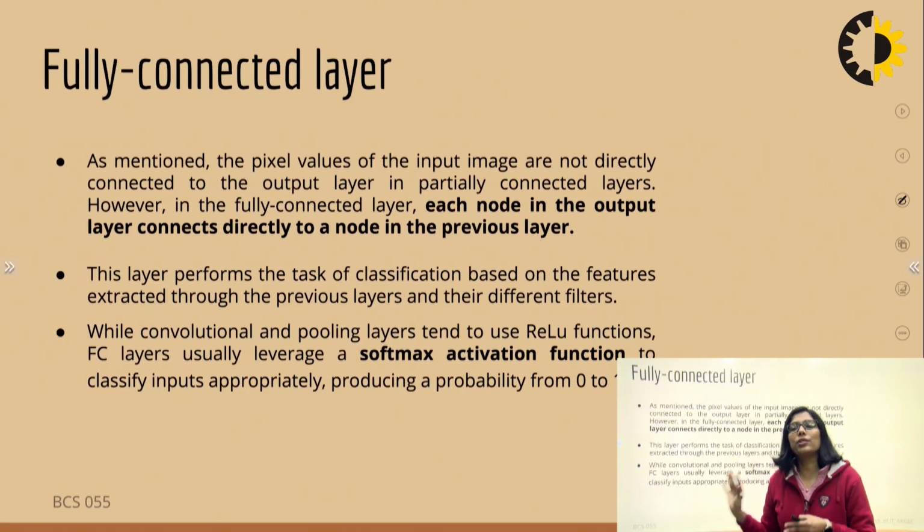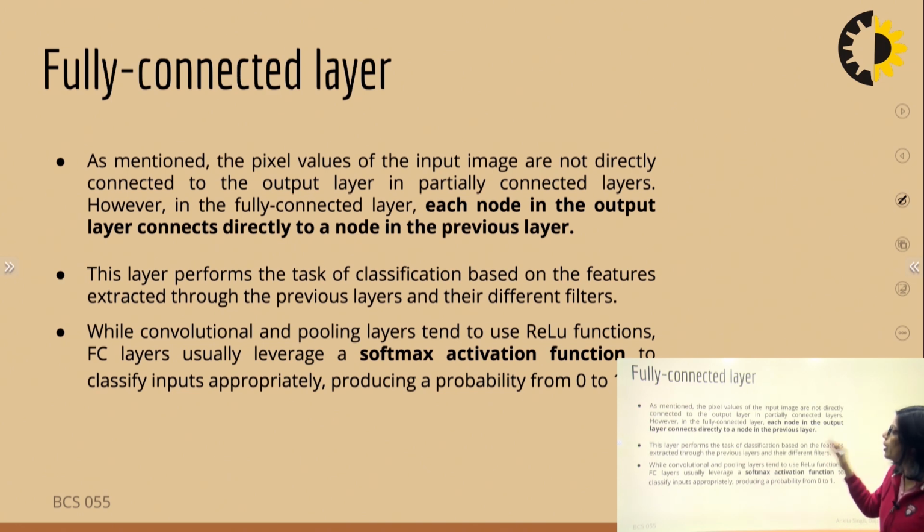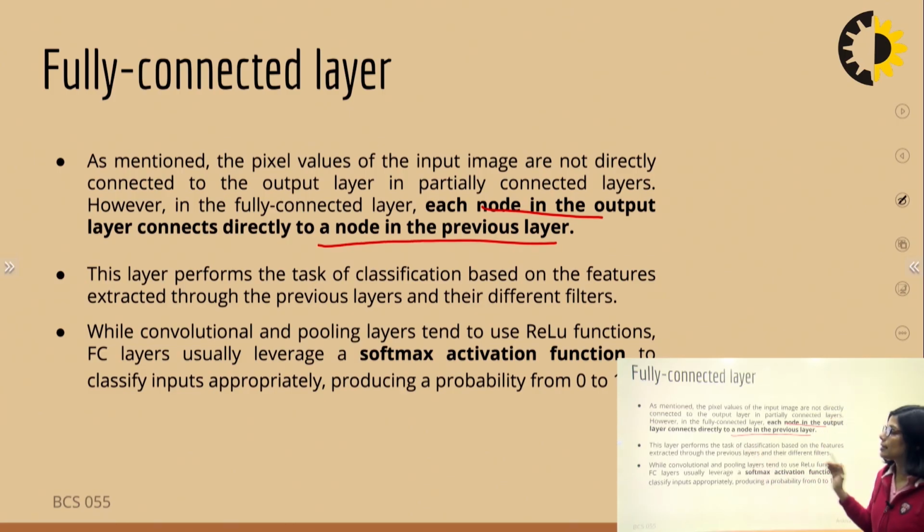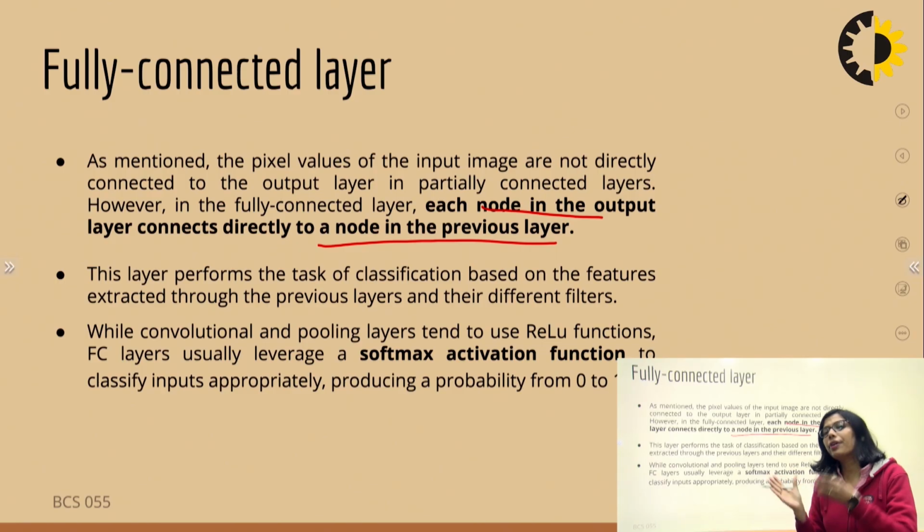The next layer is the fully connected layer. Now it is the same as your artificial neural network. Here, each node in the output layer connects directly to a node in the previous layer. So this is the last layer. After identifying the individual features and then reducing the size of the image, I am applying the fully connected layer.